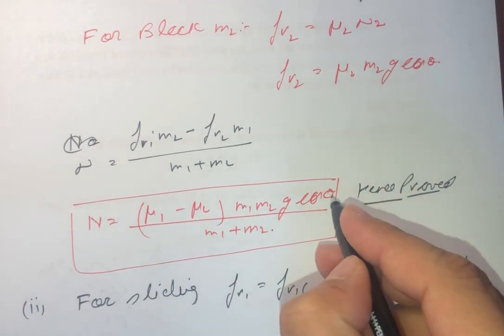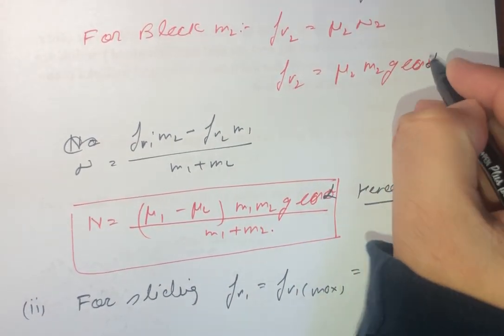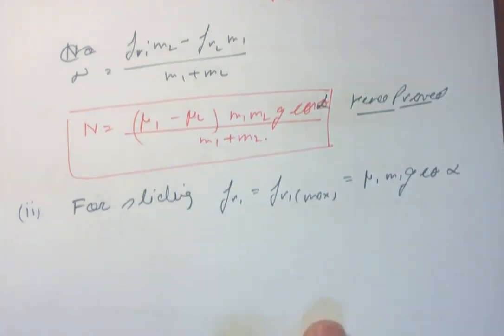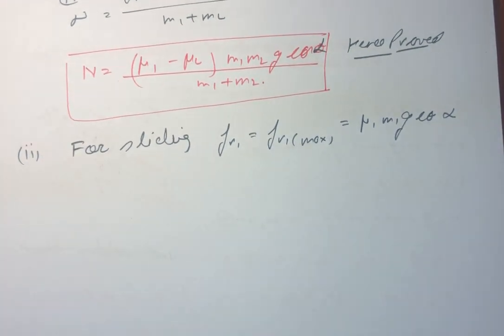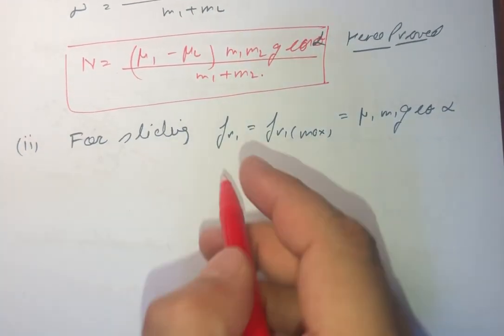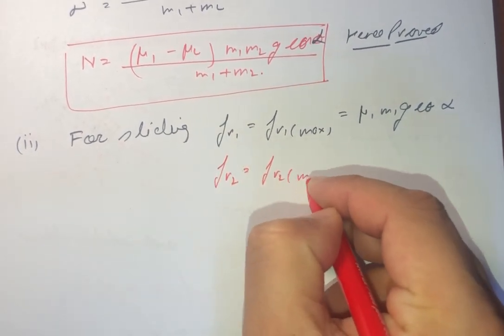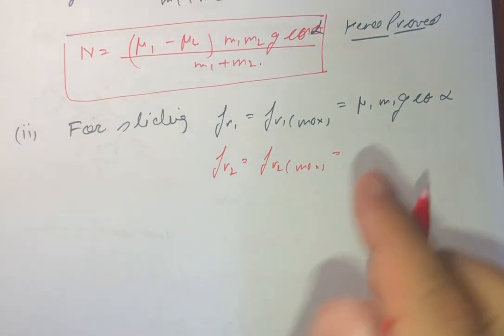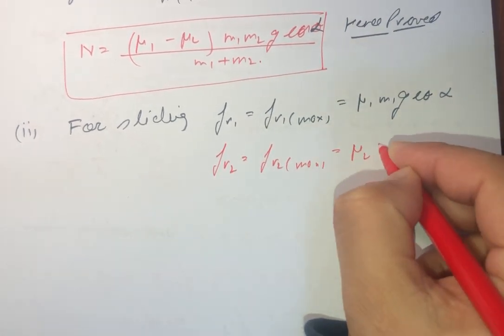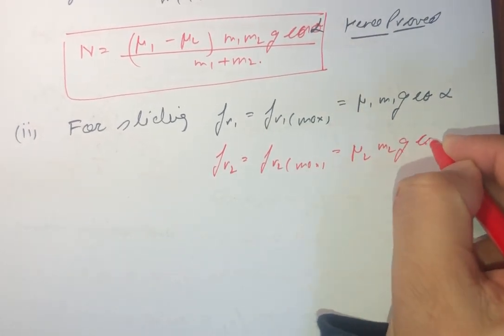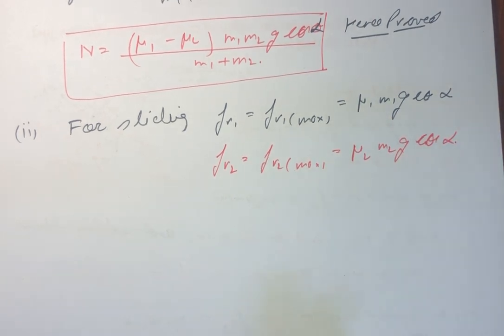Sorry, here it's alpha, not theta, my mistake. And fr2 is equal to fr2 max, which is mu2 m2 g cos alpha.